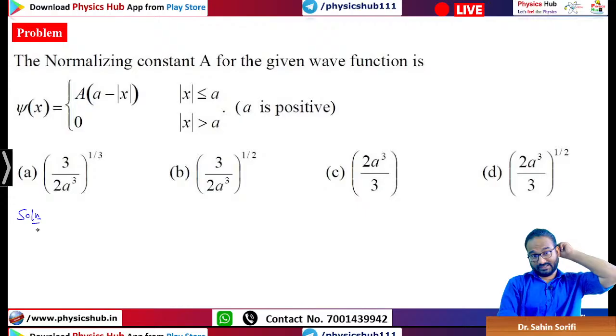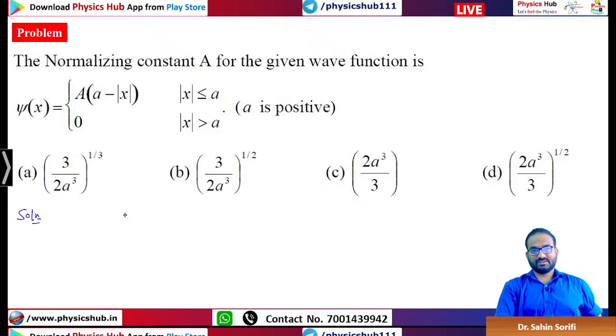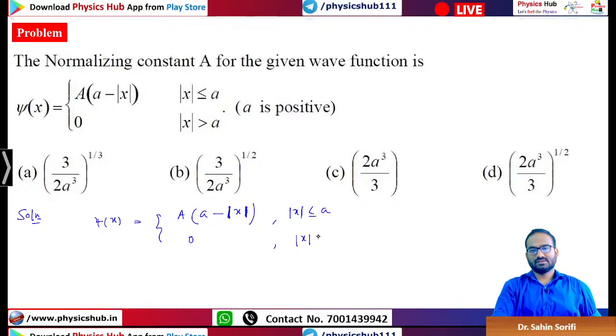The condition here is given in a little bit of a tricky manner: A times (A minus mod x) when mod x is less than or equal to A, and 0 when mod x is greater than A, right?